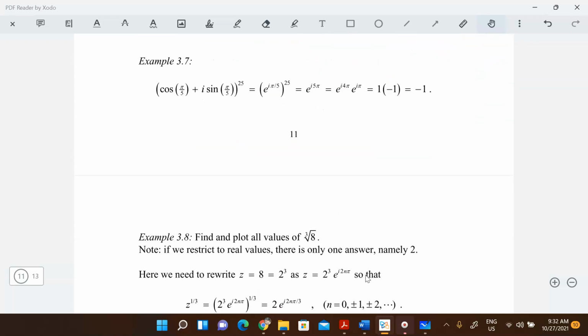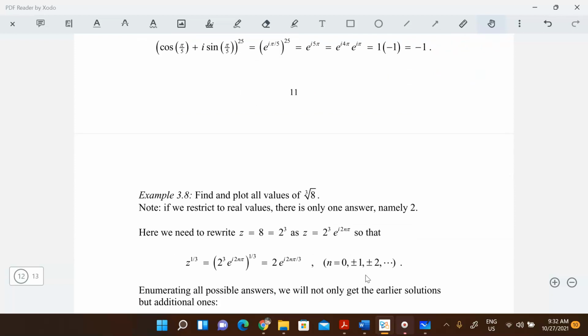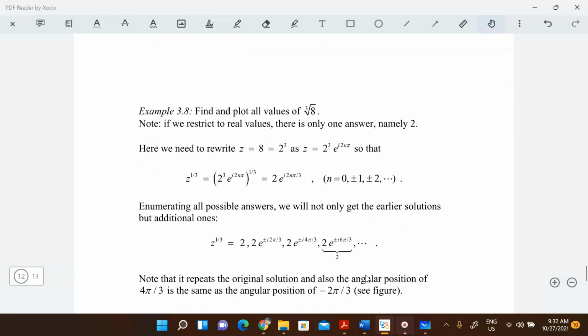Okay, this is much more interesting. Now let's suppose I've been given the question: find the cube root of 8. You probably know that's just 2, because 2 cubed equals 8.